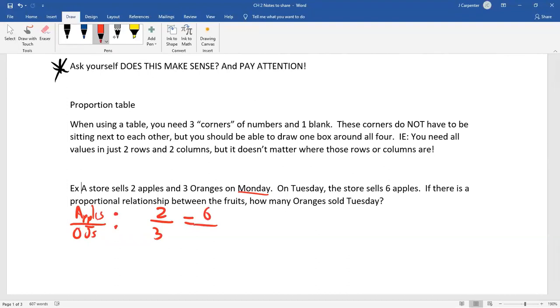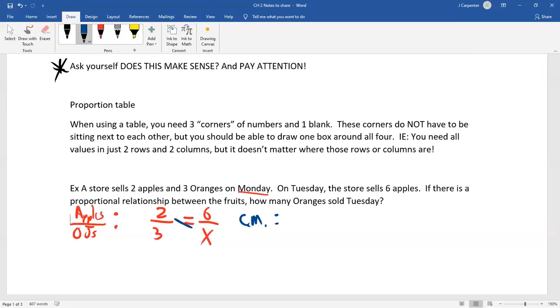So we were told this is proportional, which is why I've chosen to set up this fraction equal to a fraction. We don't know how many oranges were sold, so give it a letter. Give it X. Or O if you want to be a little bit of a pain, because O looks like 0. Not my favorite letter choice, but you could do it. You're going to take this and you're going to CM, which stands for cross multiply.